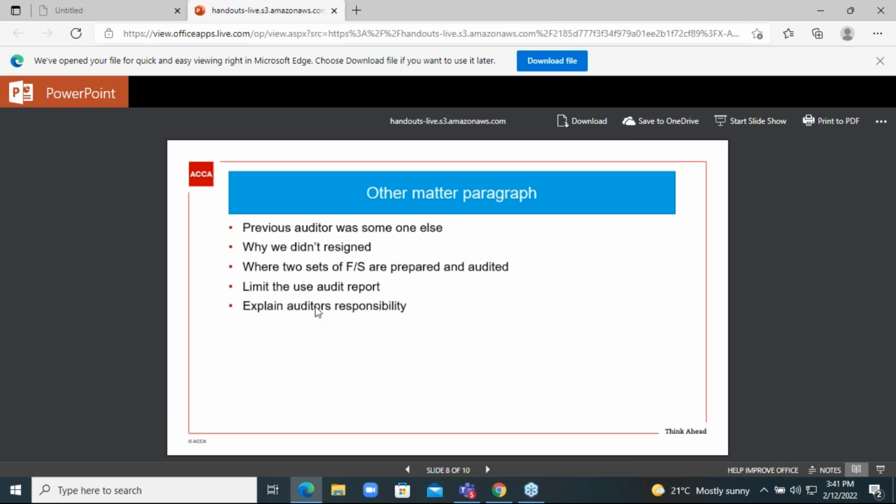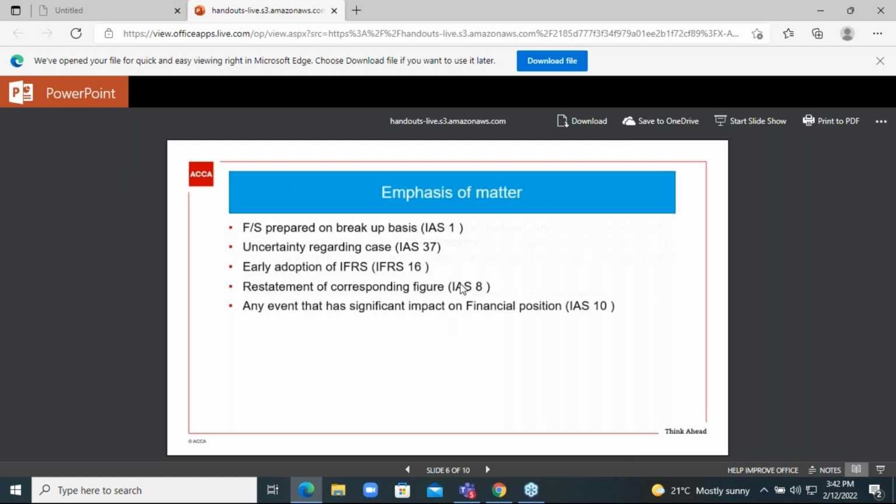If you want to limit the use of the audit report, that this is not the report for everyone, for the general public, but is specifically designed for the needs of the lenders, then we are going to restrict its use and explain the auditor's responsibility. In case there is an issue and we want to explain our responsibility, then we can use other matter paragraphs. So these are the three paragraphs.